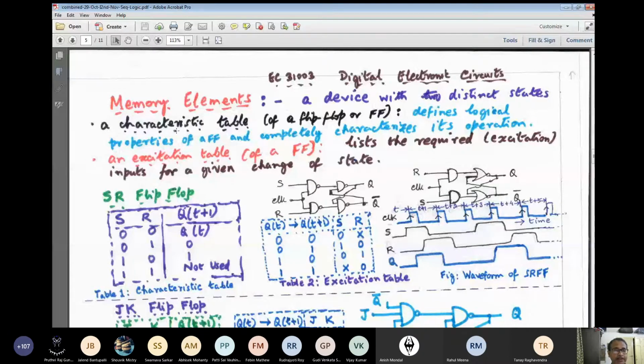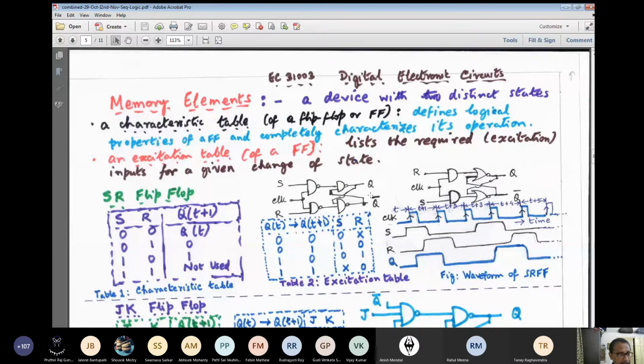These are two separate tables. The excitation table lists the required excitation inputs for a given change of state. For an SR flip-flop, set reset flip-flop, S and R are the excitation inputs. Q is the normal output, Q bar is the complementary output.